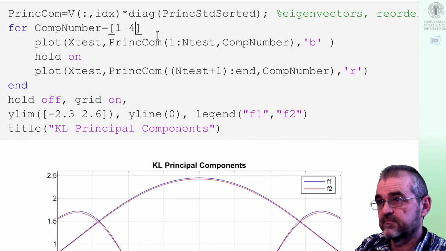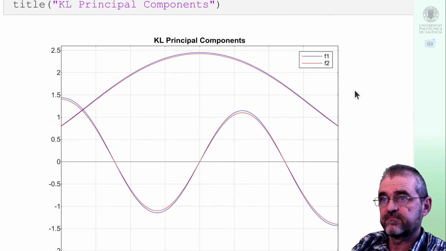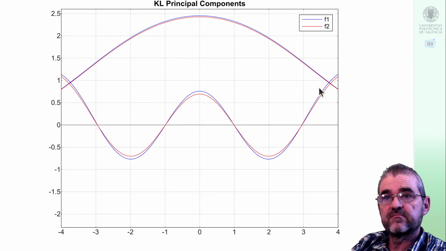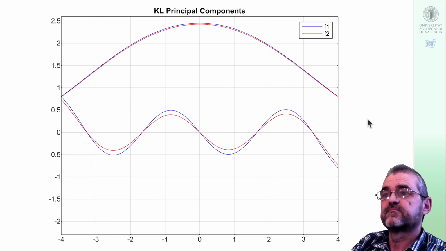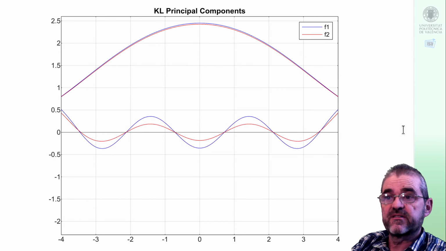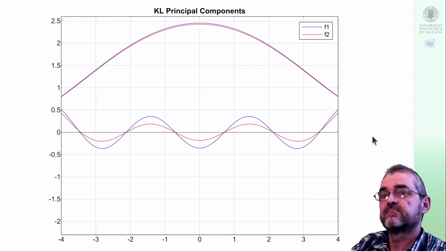And I can go on: component 4, component 5, component 6. They are in increasing frequency, decreasing amplitude, but mostly blue and red are copies of one another, more or less. And in this component 7, red and blue start to depart, but they are still in phase.